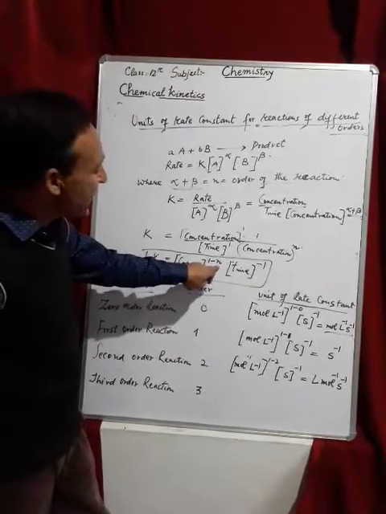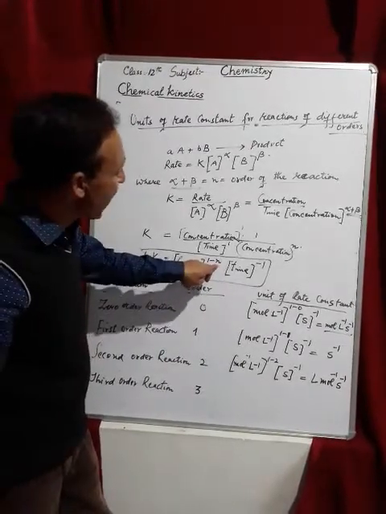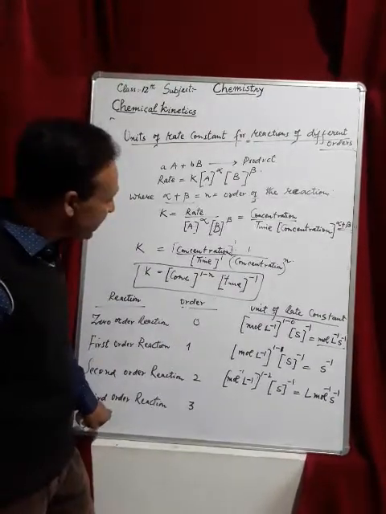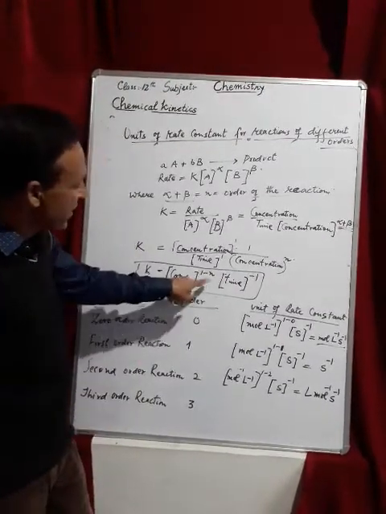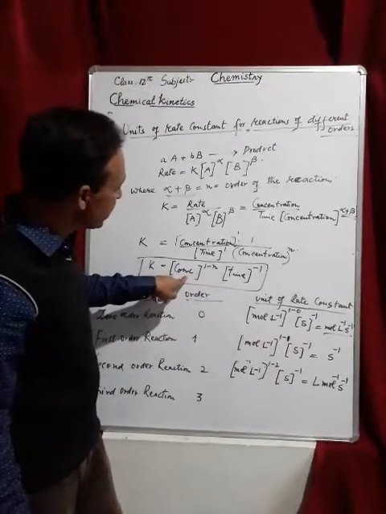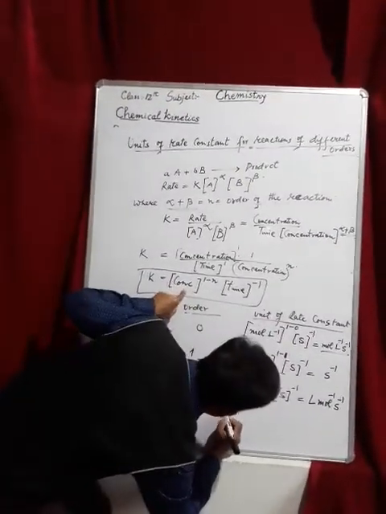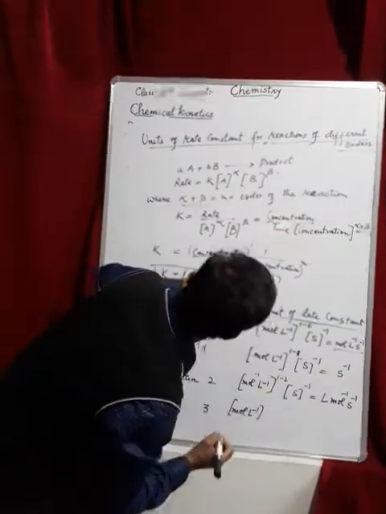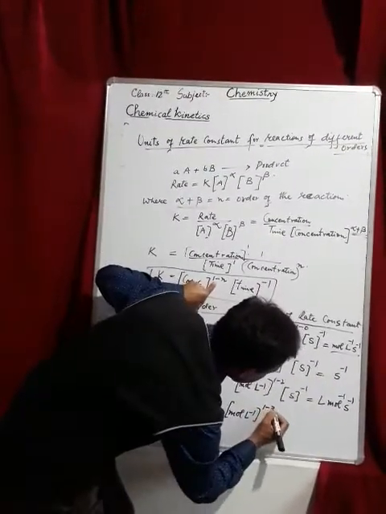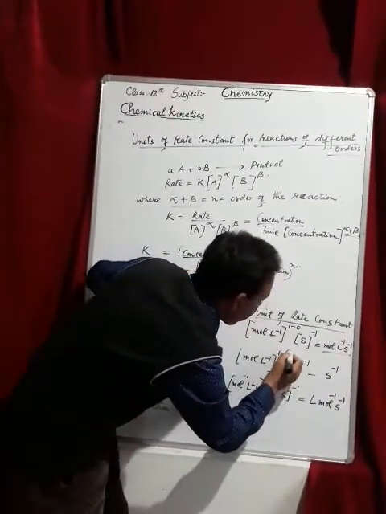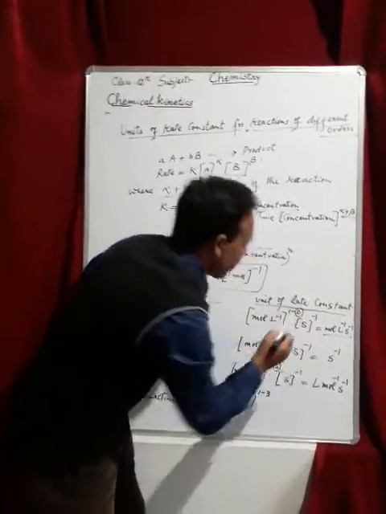So for n we will substitute the value as 3 because n is the order of reaction and we are writing the unit for the third order reaction. N's value is 3. Concentration, its unit is moles per liter, raised power 1 minus order of the reaction, which is 3. Here order of the reaction was 2. Here order of the reaction was 1. Here order of the reaction was 0.